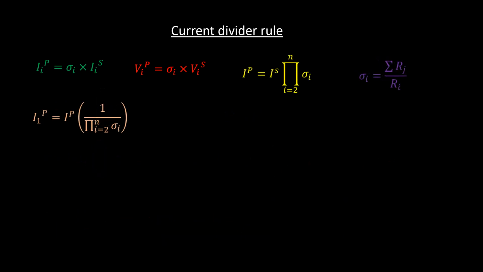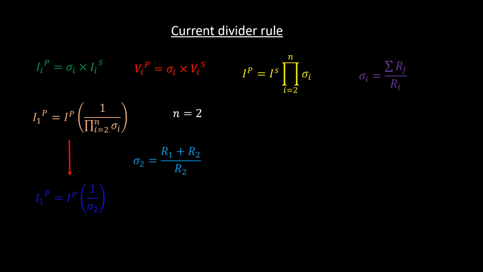It may not seem obvious to you at the moment, so let me express it in a familiar form. For two resistors, N is equal to 2. Hence the equation becomes IP1 equal to IP over sigma 2. Our equation for sigma 2 is given as follows.